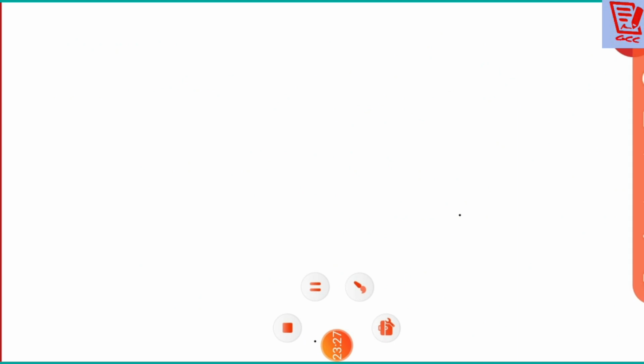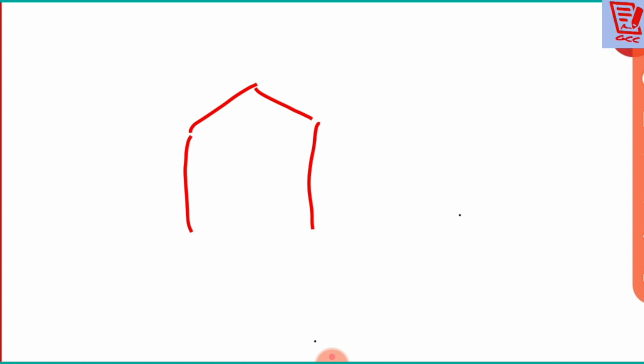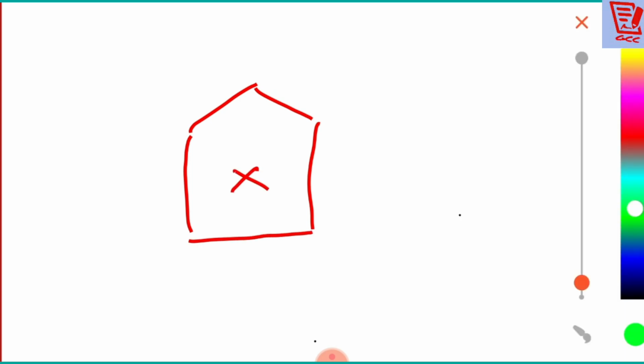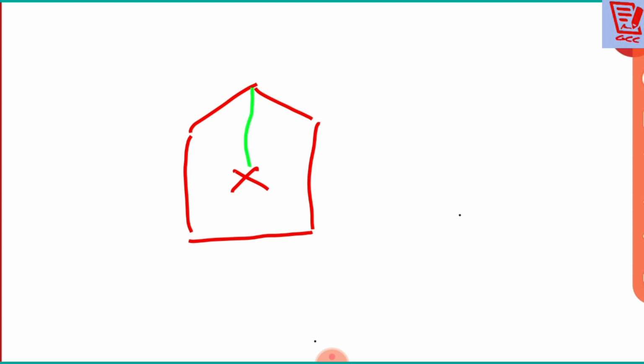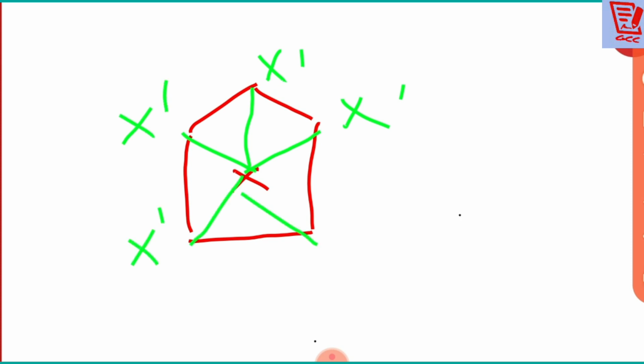You just see it very carefully. Now for the pentagonal bipyramidal shape, how are we going to draw it, please see. First of all, draw the pentagon, and here it is X. Then after that you must see X dash here, X dash here, X dash here, then X dash here.